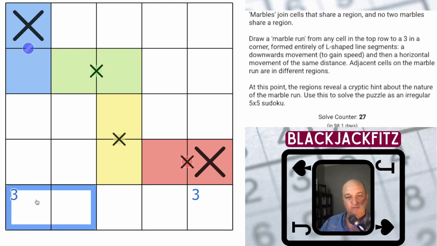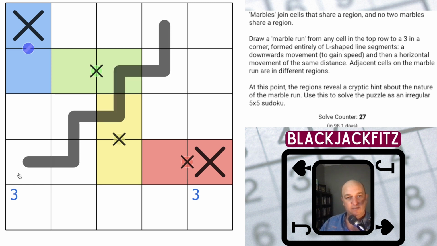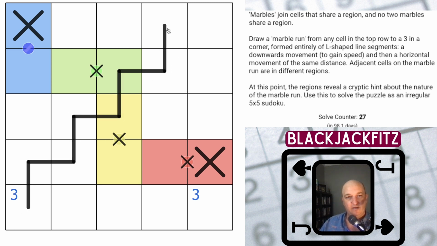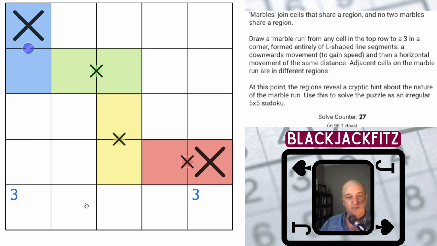That when it comes down, it needs to turn. Otherwise it's not an L-shaped region. Like if it did this, then we've got an L there, an L there, an L there, but that's not doing the thing. So it's got to come in from the side, basically, however far down it went, something along those lines.